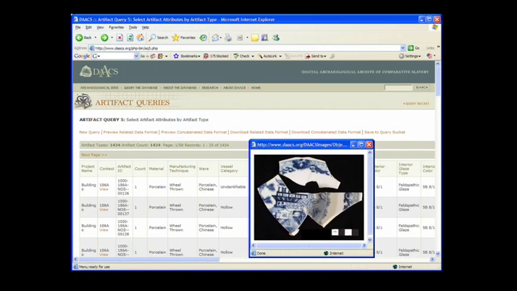And then finally, the guts of the website is a large relational database that contains very detailed data on artifacts that were recovered there. And there's an easy to use, we hope easy to use, point-and-click interface that allows folks to run queries and pull down data for further analysis.